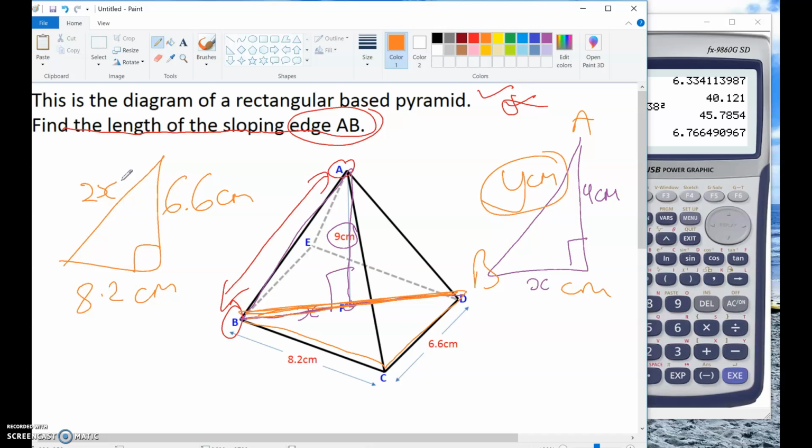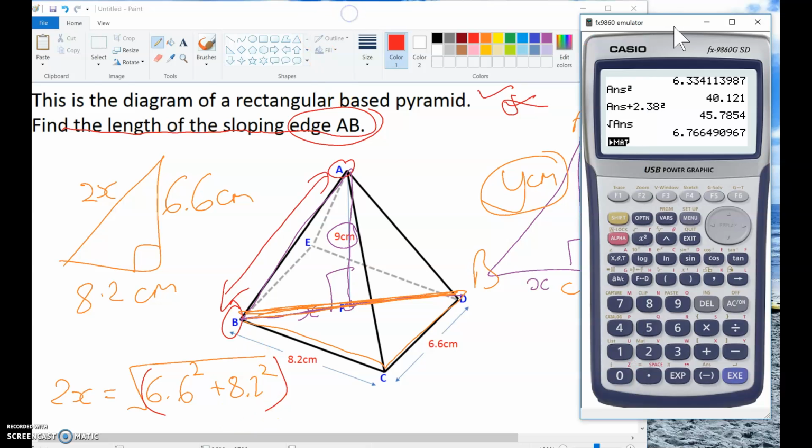So we're going to use Pythagoras. 2x is going to equal the square root of 6.6 squared plus 8.2 squared. Notice when we put it in the calculator, we need our brackets like that.